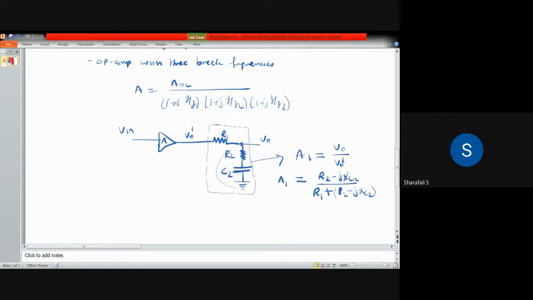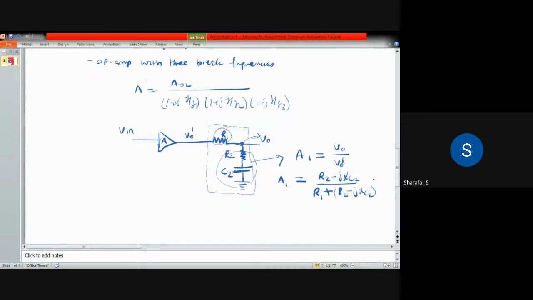You have to take the total resistance of this branch, which will be R2 minus jXC2, divided by the total resistance, R1 plus R2 minus jXC2. Here we are calculating the potential at this point, which is V0. So V0 is this much times V0 dash.